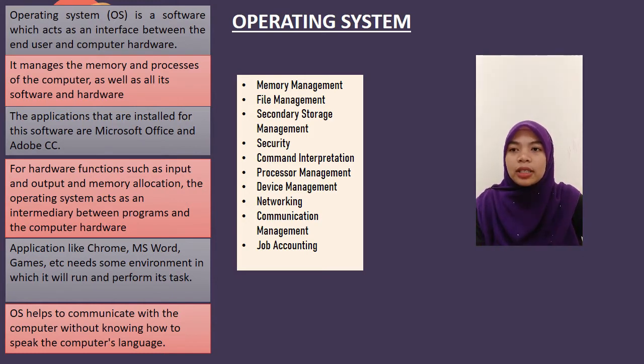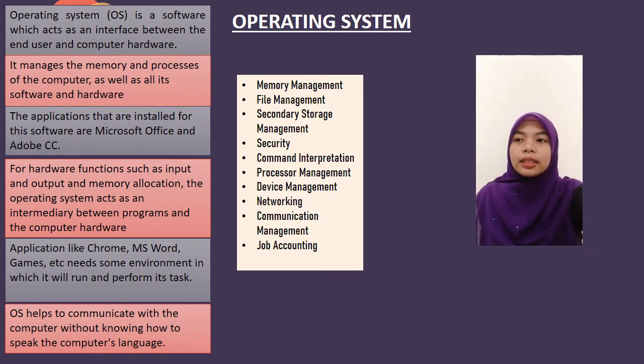Okay, we go to the advantage of this operating system. As you can see here, the functions of an operating system are many, so I will list them. The first one is memory management, file management, secondary storage management, security, command interpretation, processor management, device management, networking, communication management, and job accounting.